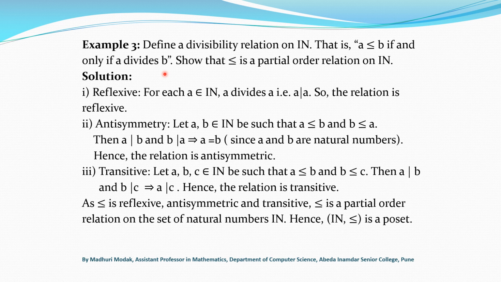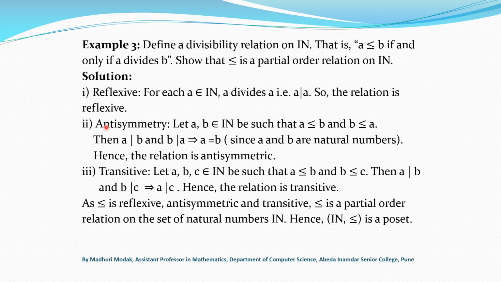So this relation is a partial order relation on N. So again we check the three properties. First is reflexive. So for reflexivity we have to show a precedes a, means a is related to a. Now check the condition. Every natural number a divides itself, and so a precedes a, which means the relation is reflexive.